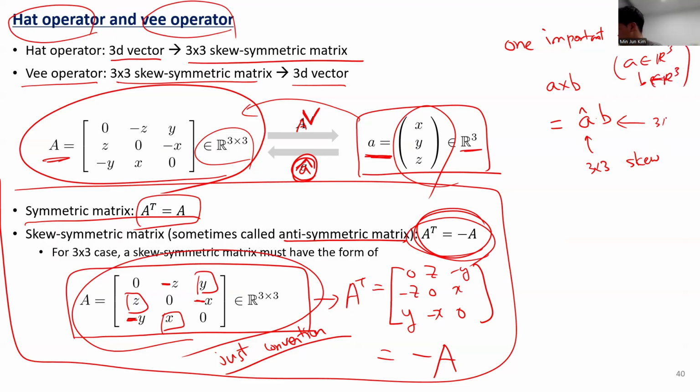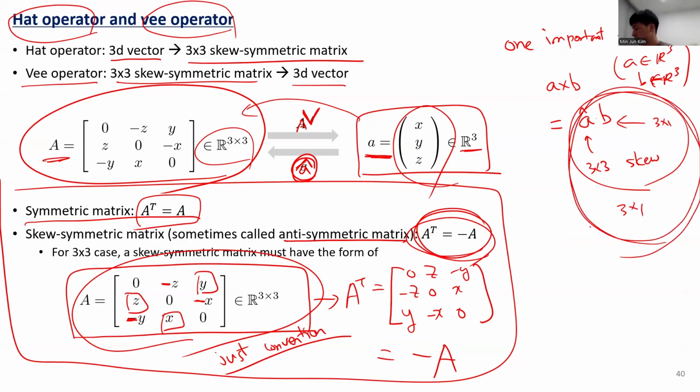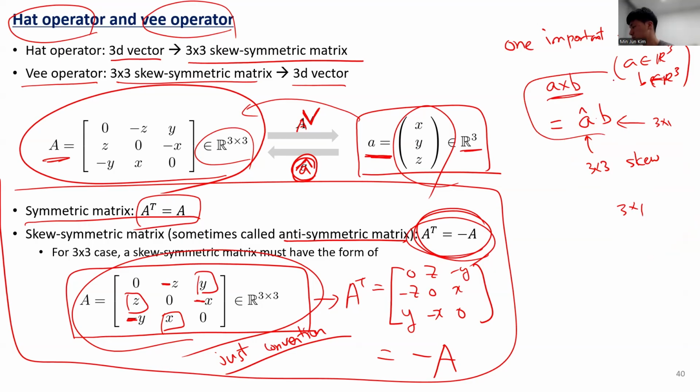So B is in 3-dimensional space, 3 by 1, right? So that's again in total 3 by 1, and this resulting vector is the same as A cross B. Okay, that's a very interesting fact, right? We are going to use this property very soon.